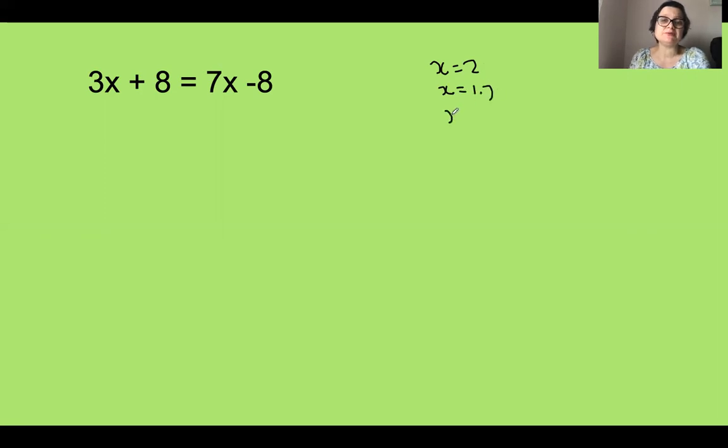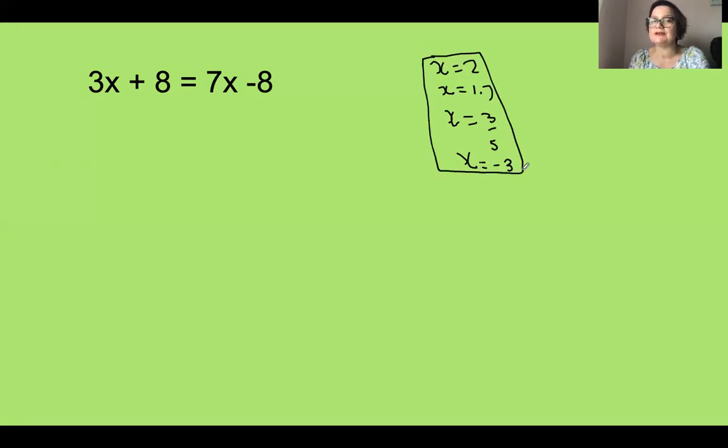Or sometimes it could be a fraction, x equals 3/5. Or it could be a negative number, x equals minus 3, and so on. So these are just some examples of answers that you expect at the end of the equation.